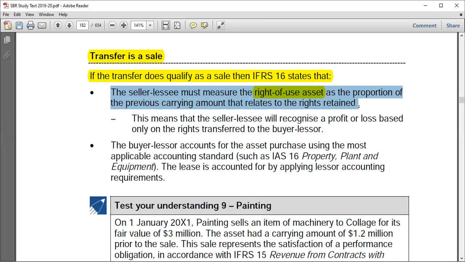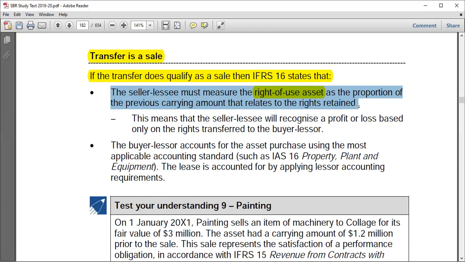So, to know the value of the rights you have still retained, you have to take them as the proportion of what you gave out. Let's say you sold an asset which had a carrying amount of 10 million, but maybe you have retained 40% of that 10 million. So that should be 40% of 10 million should be the right of use asset to be recognized initially, right?